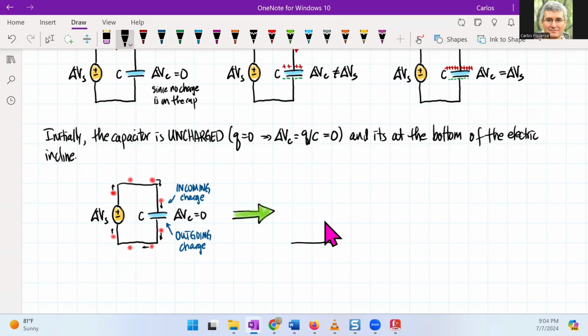So I have my plate right here, and then I have an incline coming all the way across, and then I have my other plate right here. What the battery is doing is setting up this incline. That's what we mean by that.